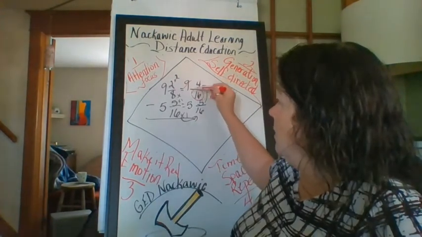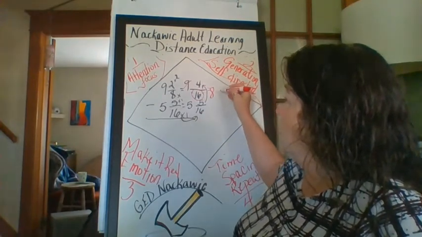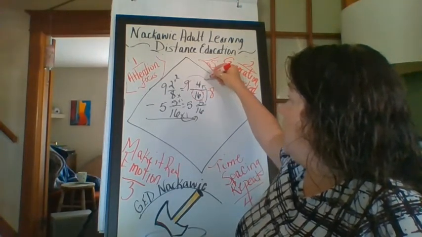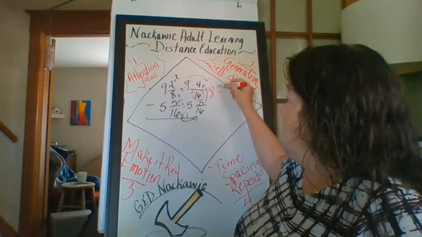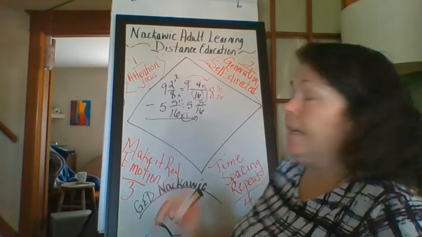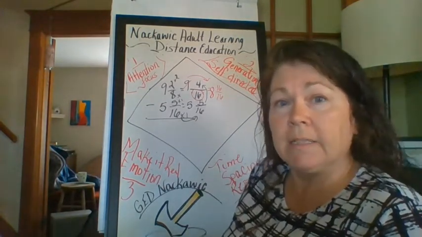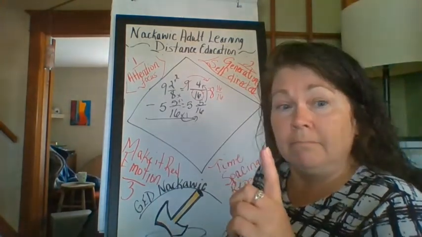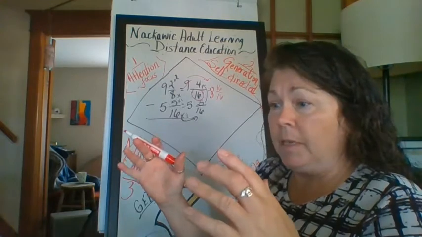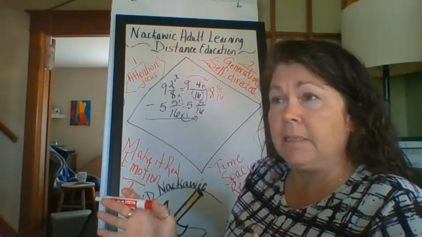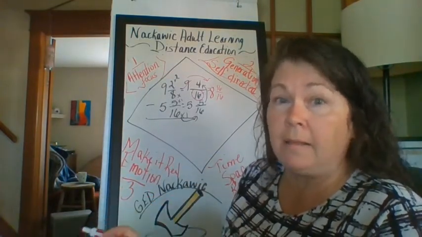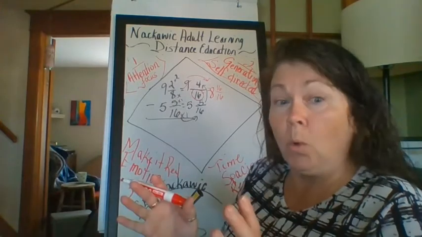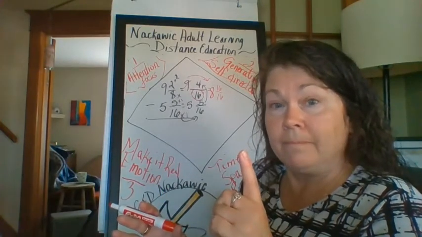So that's our clue. It's going to be 8 and 16 over 16, which equals 9, because 16 over 16 is 1. It's the entire pizza, cut into 16 pieces, and no one has eaten anything yet. So it's whole. 1.